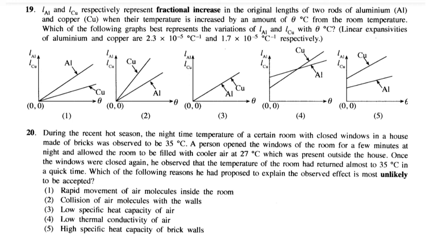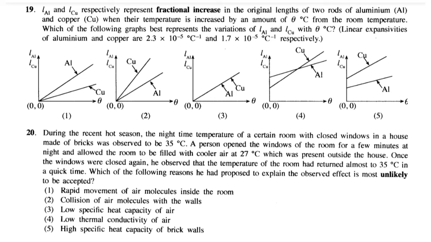So the gradient for aluminium must be greater than the gradient for copper. Also, when the temperature is 0, linear expansivity is 0. So with those conditions, the answer should be 1.